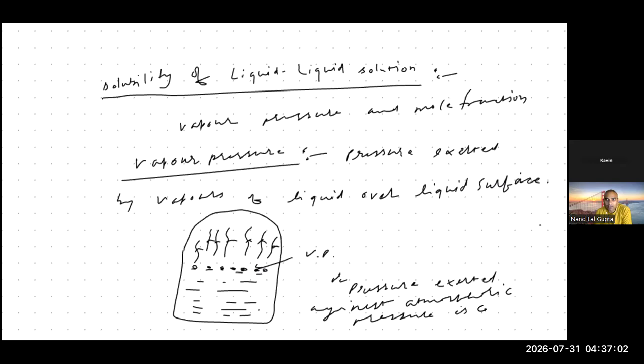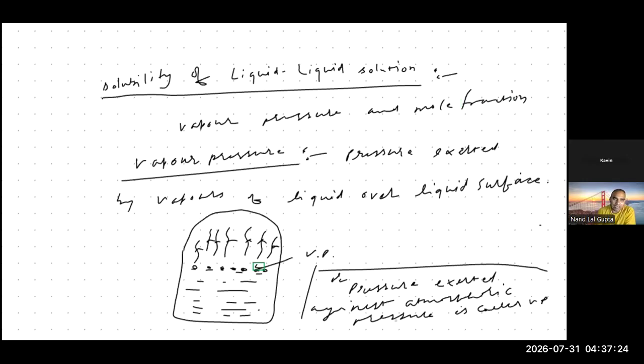This is used for things that are evaporating, like sea water, river water, or a pond. For them we use vapor pressure in terms of pressure exerted against the atmospheric pressure.